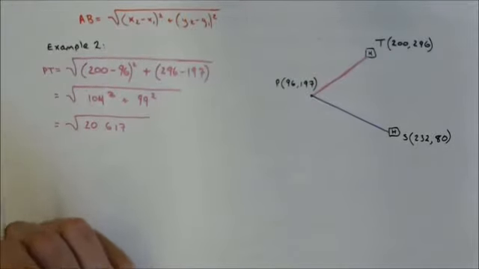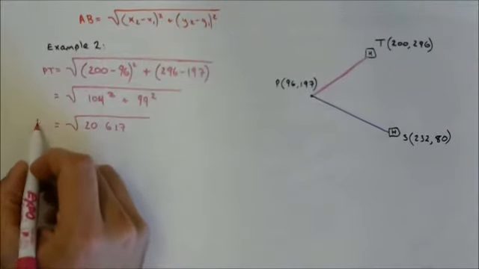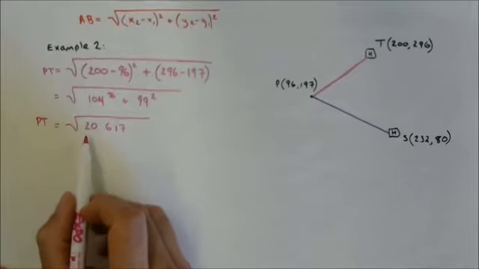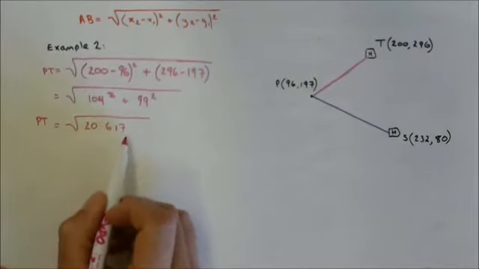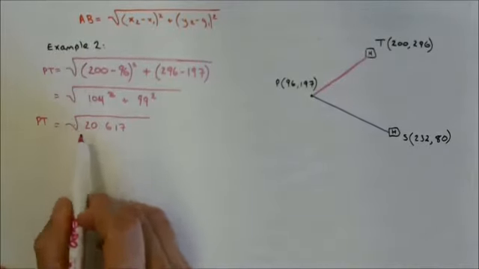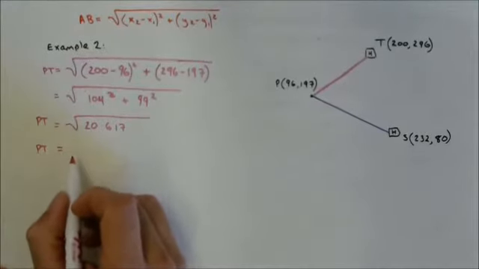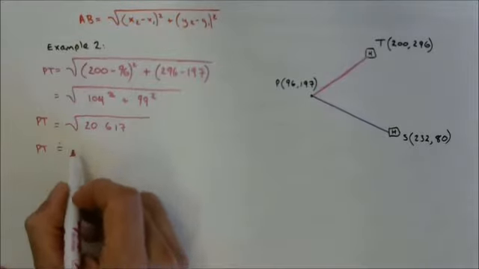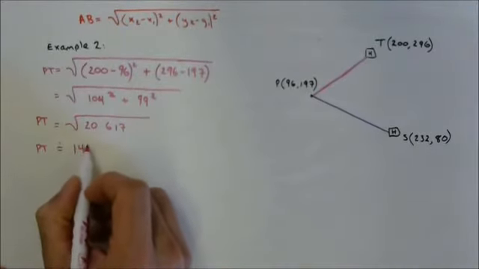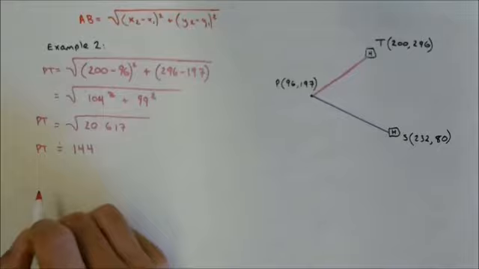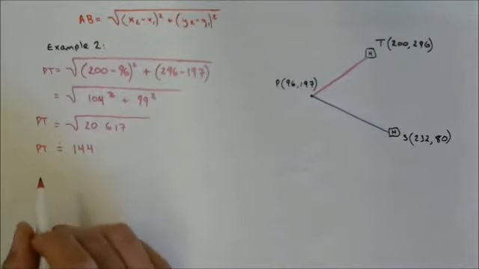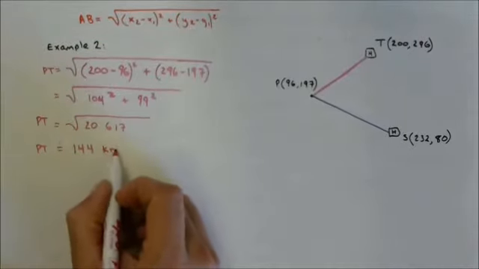And don't get tricked here. You are not done. That is not the length of PT. PT is not 20,617. It's the square root of that. So in your calculator, you still have to hit that square root button, second function answer, and that will give you an estimated answer, a rounded answer of 144. And that is in kilometers.